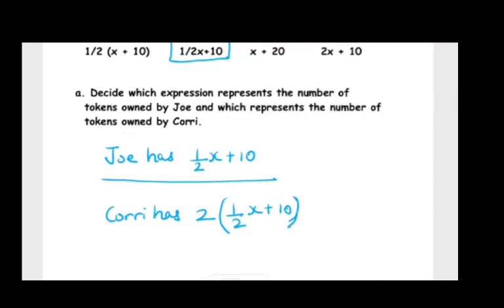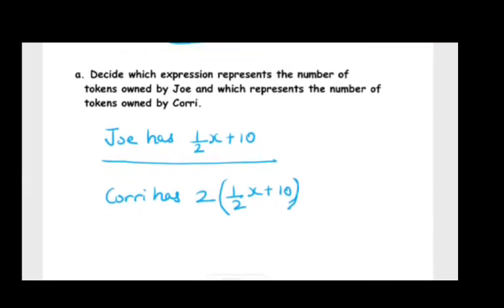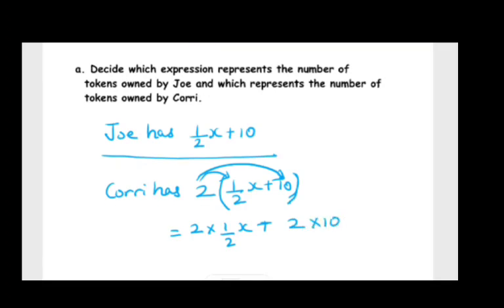If I solve this, 2 will be multiplied by this one. So it becomes 2 into 1 upon 2 x, plus this 2 will be multiplied by this 10 as well. So 2 into 10.